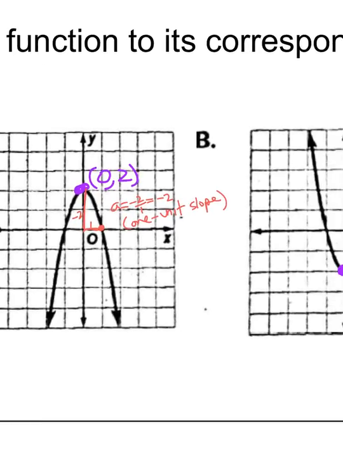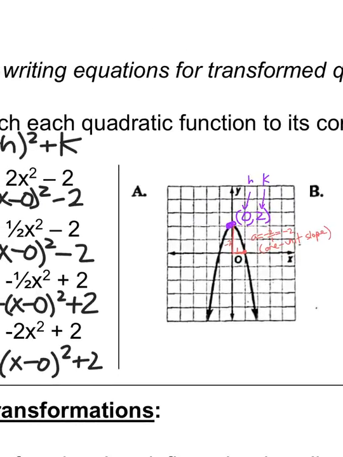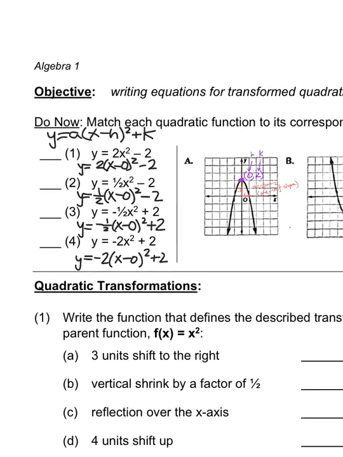Now what I would be looking for is an equation of a graph that corresponds with an a value of negative 2 and has a vertex of 0, 2. The vertex has the components of h and k. So the h value and the k value make up your vertex. In each one of the equations that we had, the h value is equal to 0.